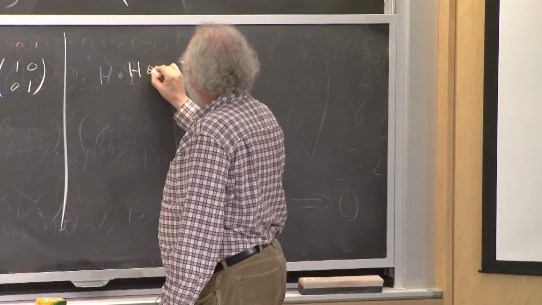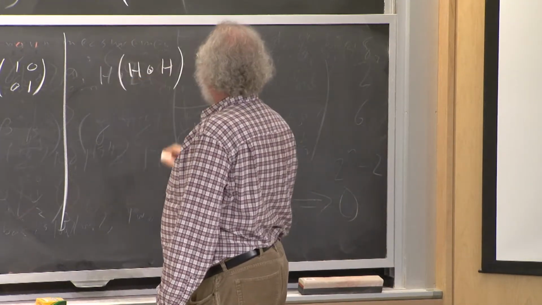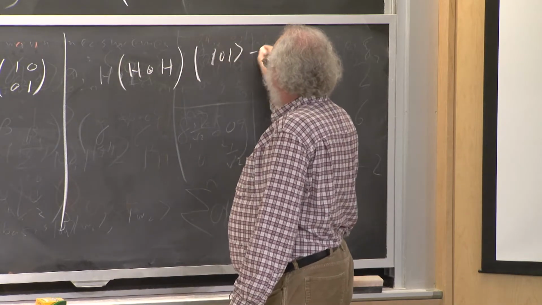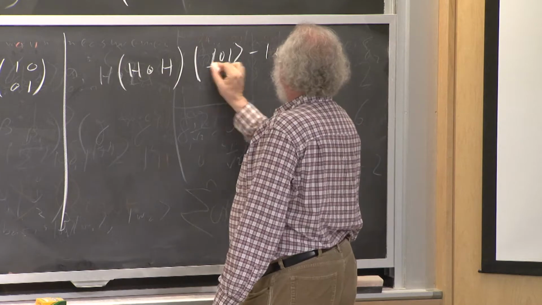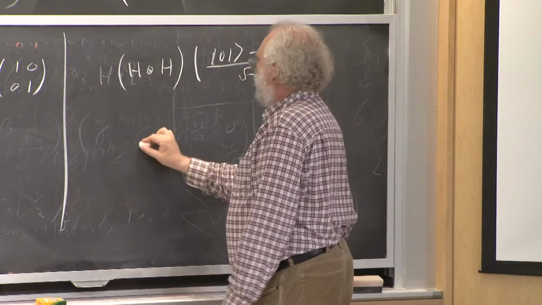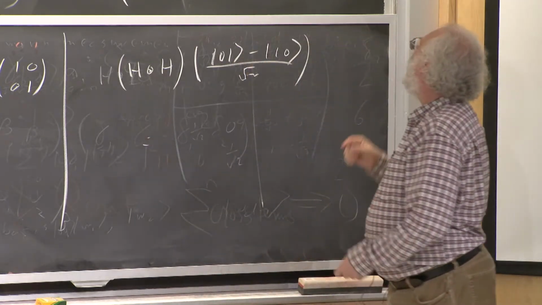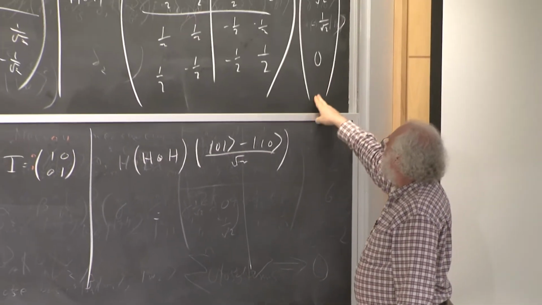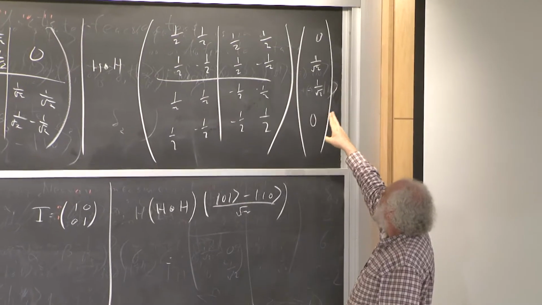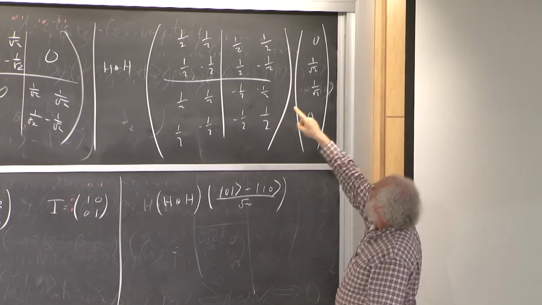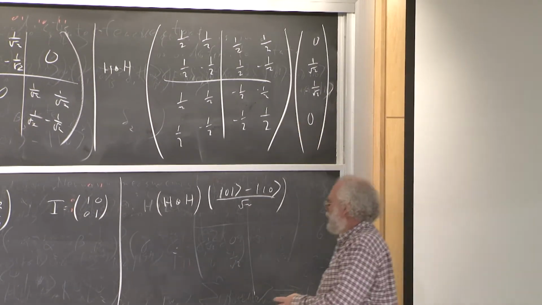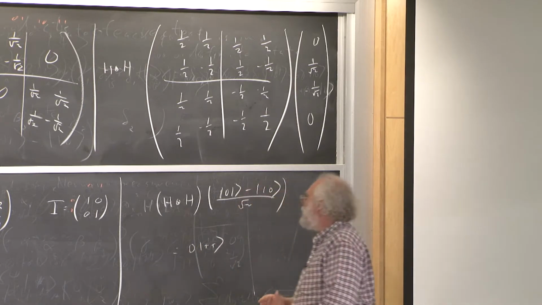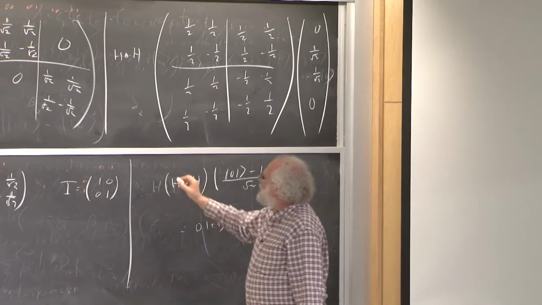So H tensor H times (0, 1, minus 1, 0) over root 2 is equal to, well, the top row is orthogonal to this, so that's 0 times plus plus, because remember, this is changing the basis.